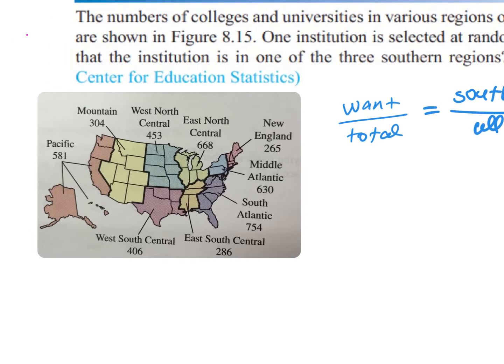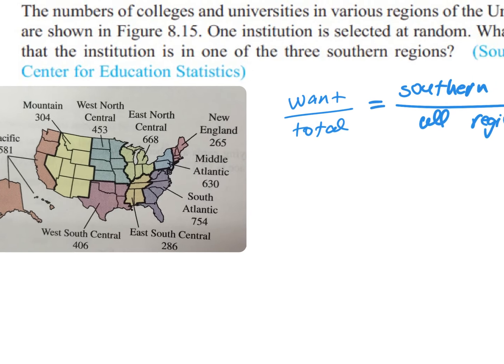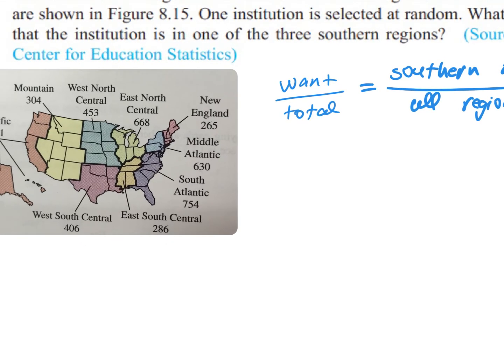Look at the name. What's going to be in the name? South, all right. So what's one of the south ones? West South Central. So 406 plus 286, agreed? Plus 754. Are those all of the colleges that are in the South region? How did you know they were in the South region? Because it says South. Good.